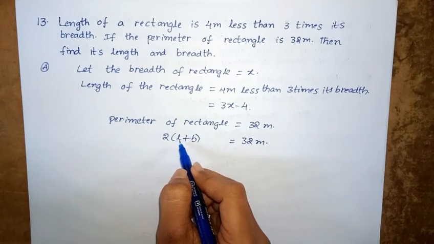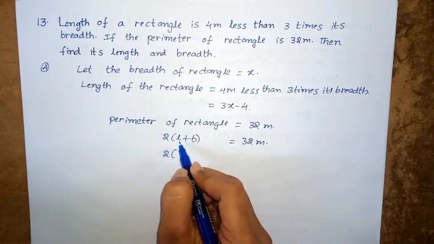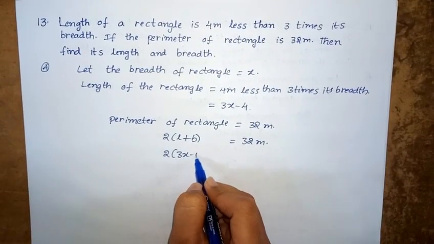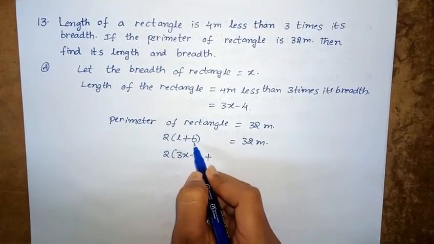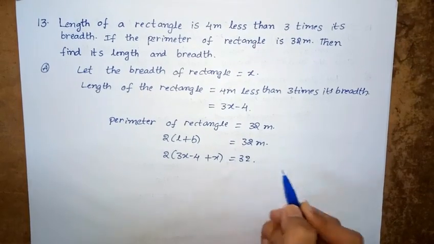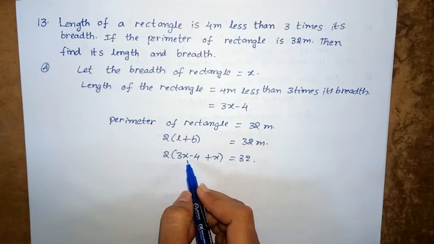Here L is length and B is breadth. So substitute the values of length and breadth: 2 into (3x minus 4 plus x) is equal to 32 meters. So in this simple equation, find the x value.